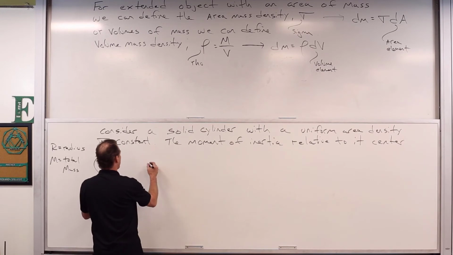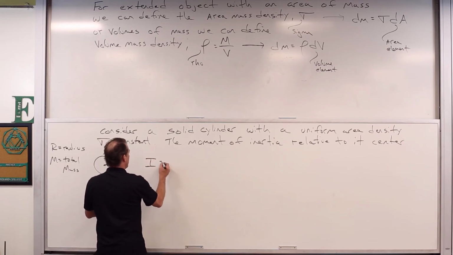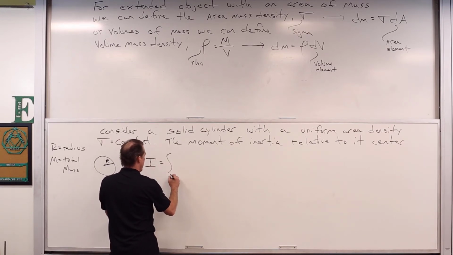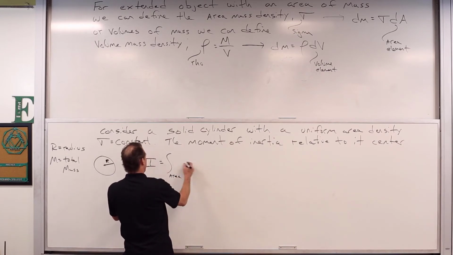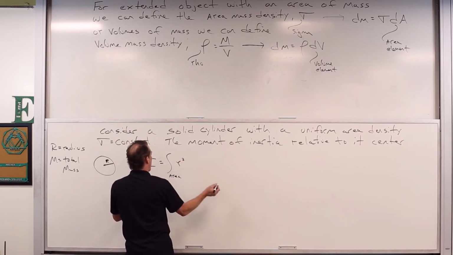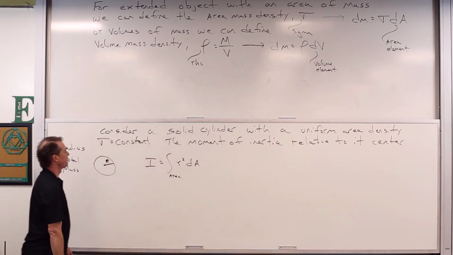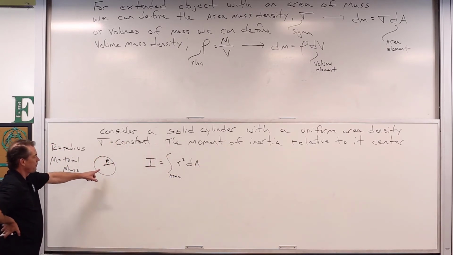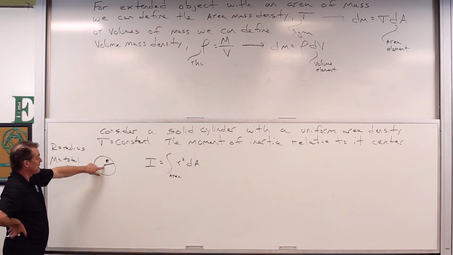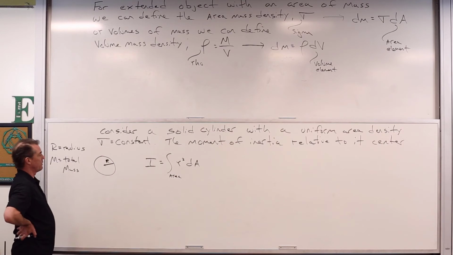Well, we've got ourselves that the moment of inertia is equal to the integral over the area of r squared dA. So again, we're going to take the point at which we're integrating this r over being the center of this circle here, so that we're defining the moment of inertia relative to the center.